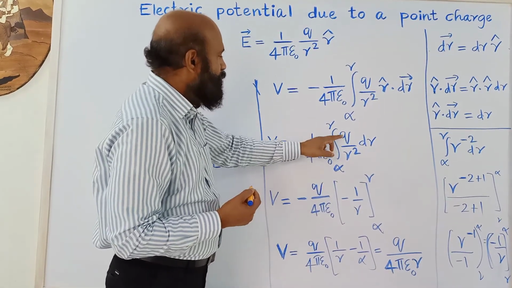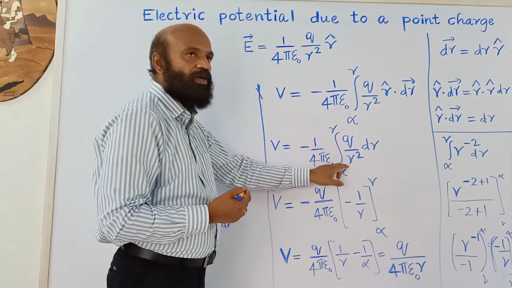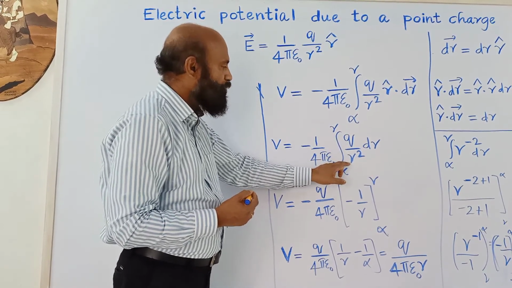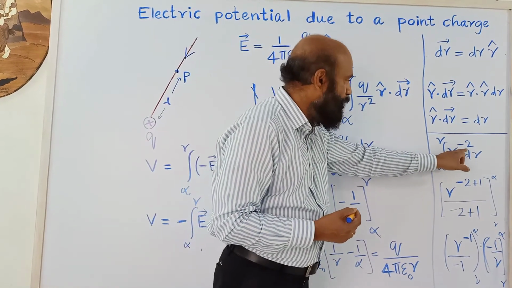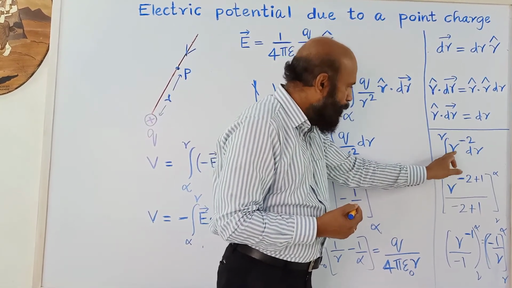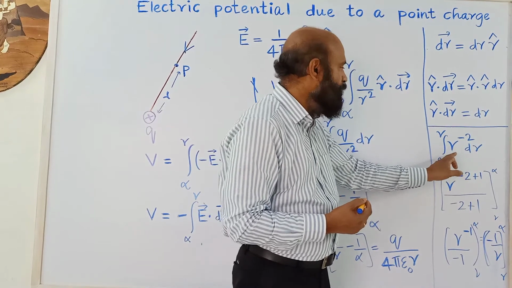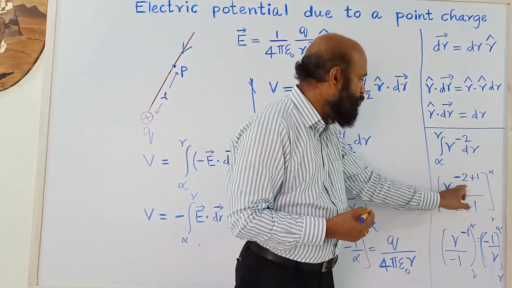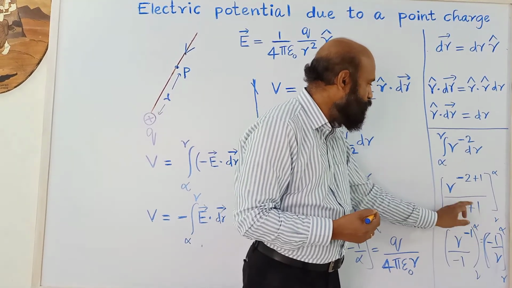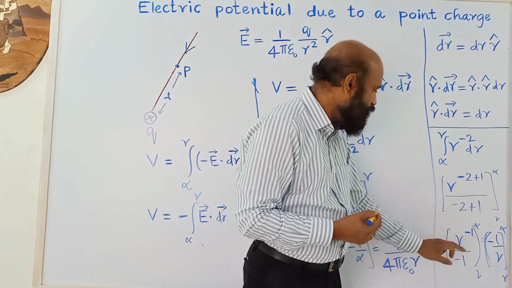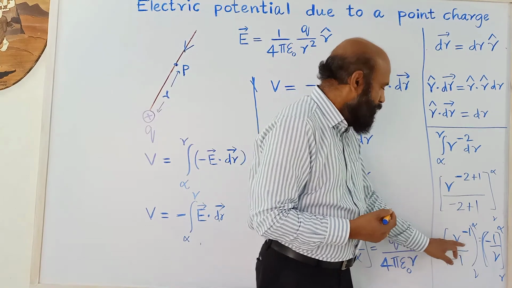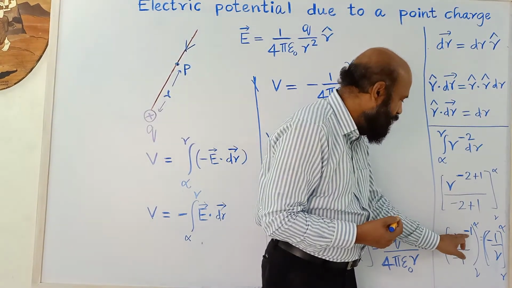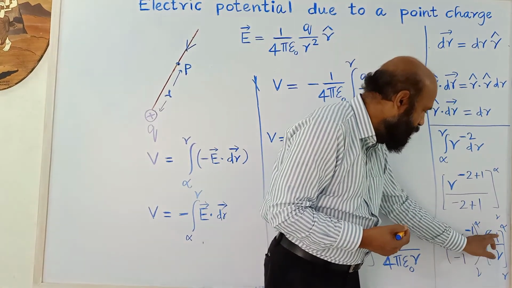Then this integration, 1 by r square, integration of 1 by r square. So r square taken up, it will become r raised to minus 2. So apply the formula for integration. R raised to minus 2 plus 1 divided by minus 2 plus 1. Then minus 2 plus 1 is minus 1. Then this r raised to minus 1 taken down, it will become 1 by r.